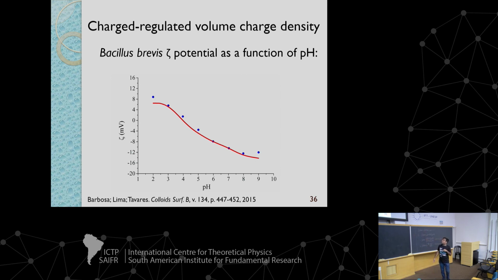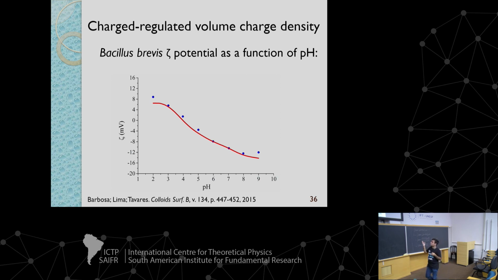So this is the comparison of our zeta potential results at different pHs with experimental results. Unfortunately, for this case, we didn't have the uncertainties of the experimental results, but we can see it's quite a good prediction.